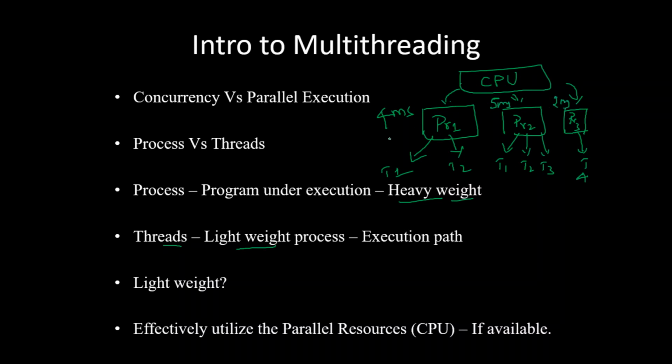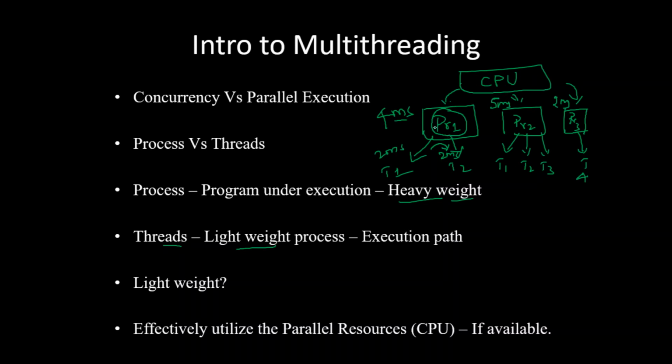Now out of this 4 millisecond, process 1 may allocate 2 millisecond for thread 1 and another 2 millisecond for thread 2. Now after 2 millisecond, the control should be transferred from thread 1 to thread 2. This will be done by the process itself, process 1 itself. There is no involvement of operating system here. And this context switching is done easily, because you need not store this state information in any different location of memory.